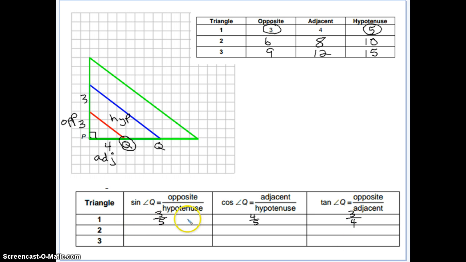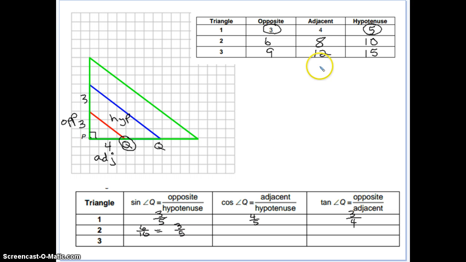Let's go to triangle 2. For sine of angle Q, we're going to do opposite over our hypotenuse, which is going to be 6 over 10. 6 over 10 reduces to 3/5.